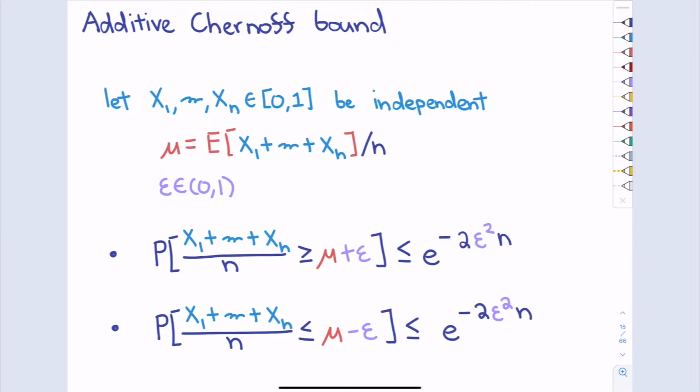By symmetry argument, why is it not possible to say that the above bound, like the variables should be the same, but they were different in the multiplicative version? So in both cases, the xi's can come from different distributions.